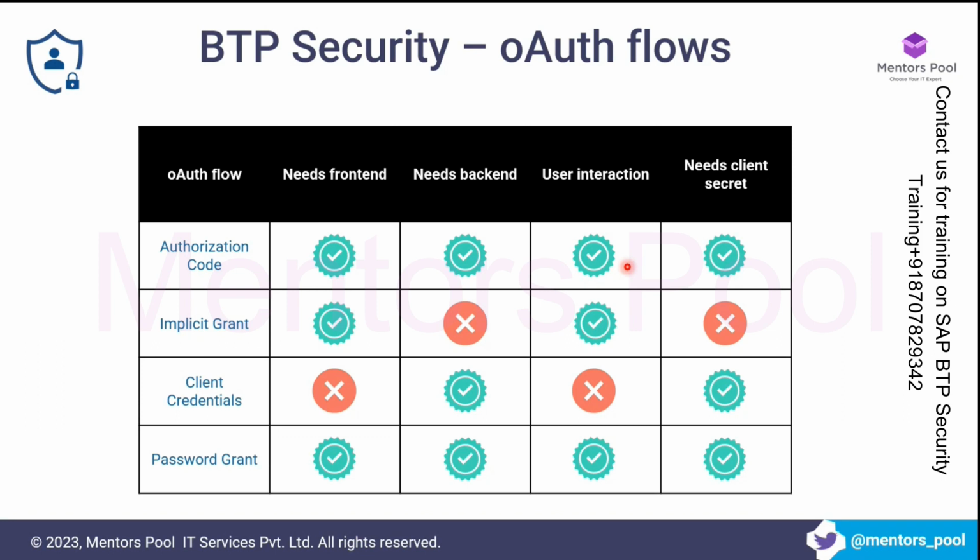How do they know if someone is not faking it or someone has not hacked it? How does it know that it's a proper application which is asking for an access token? In that case, the XSUAA server, the auth server, will provide your application with a client secret.